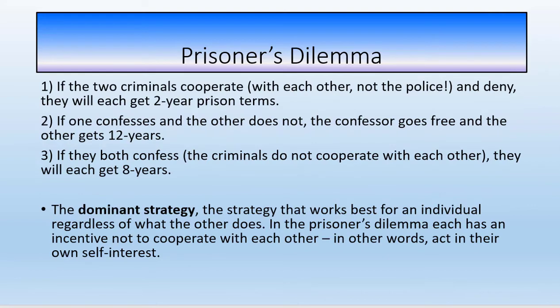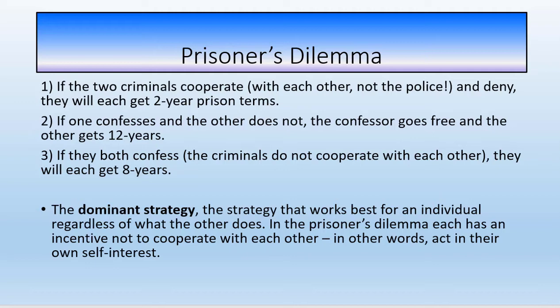If the two criminals cooperate with each other, and that's important, the criminals are cooperating with each other, not the police, and they deny, so they each cooperate. They plan ahead of time to cooperate, and they each deny. They'll only get a 2-year prison term each. Now, if one confesses but the other does not, the confessor goes free, and the other gets 12 years.